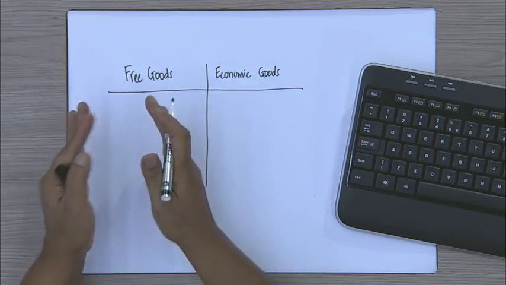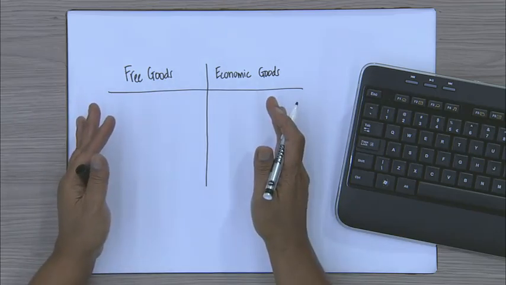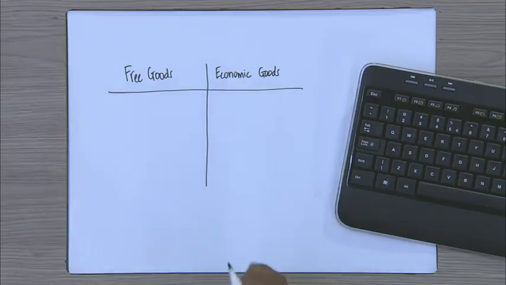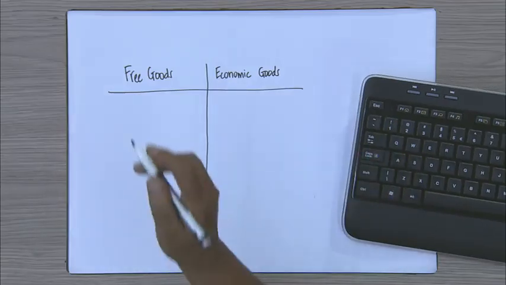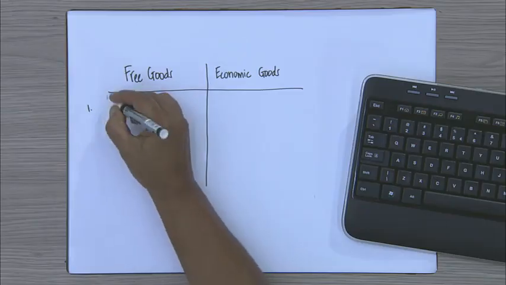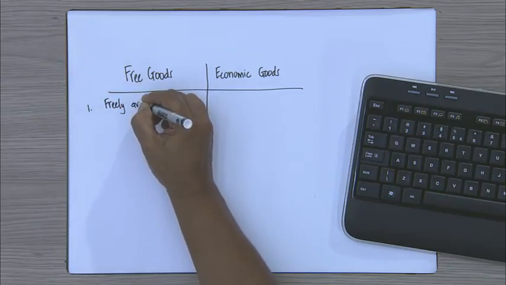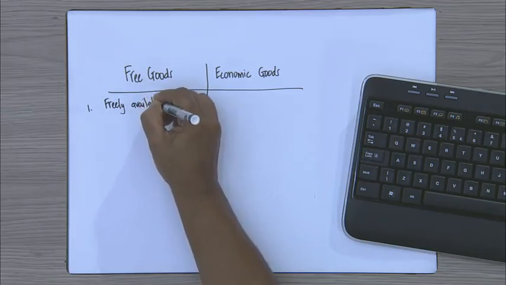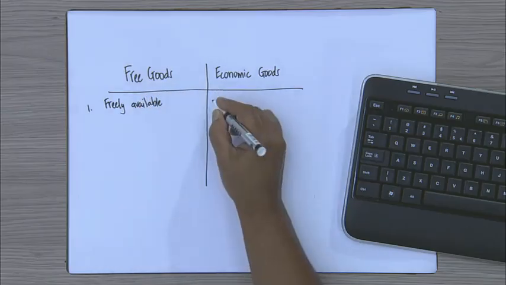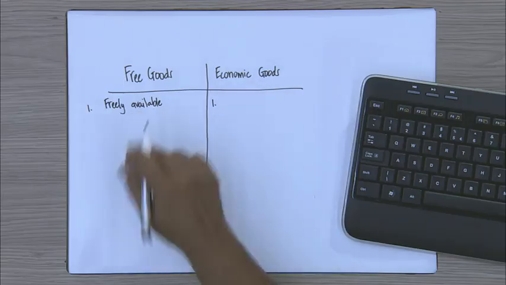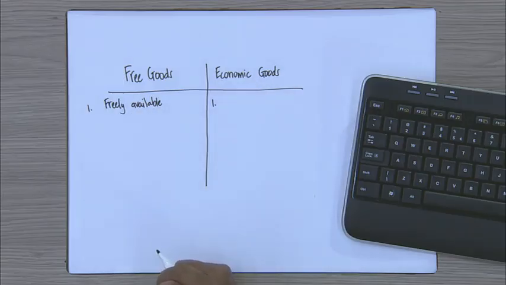What you write on this side must correlate with something on this side. So, for example, if I'm going to say free goods, freely available, then when I speak about economic goods, I must say something about the availability.